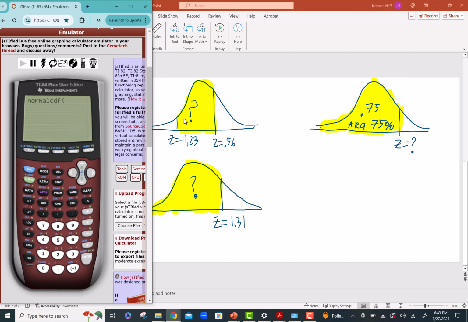Let's say I'm looking at this one on the top left right here. I want to find the probability that a z-score is between negative 1.23 and 0.56. So I want to find that probability, which is the same area. So I simply type in the lower bound, comma, the upper bound.